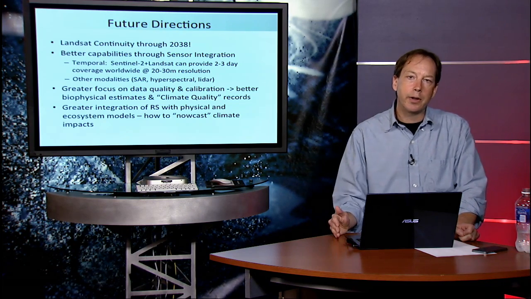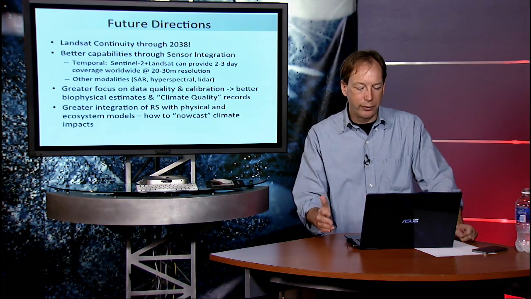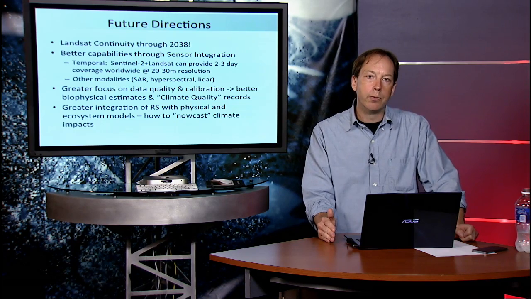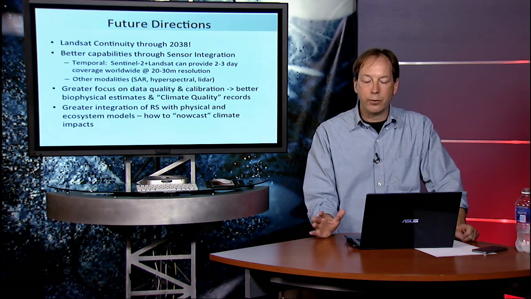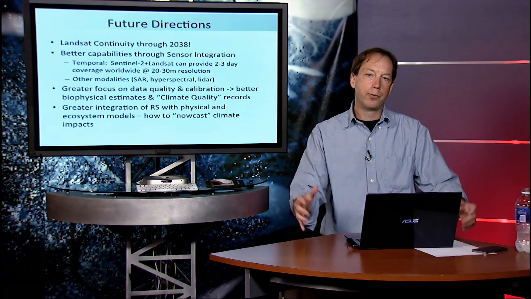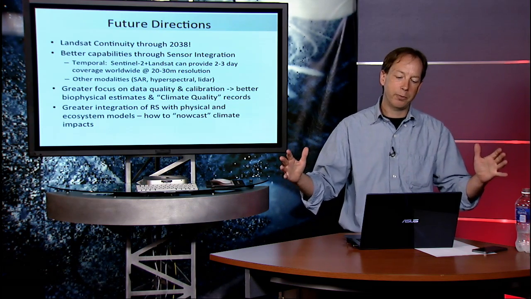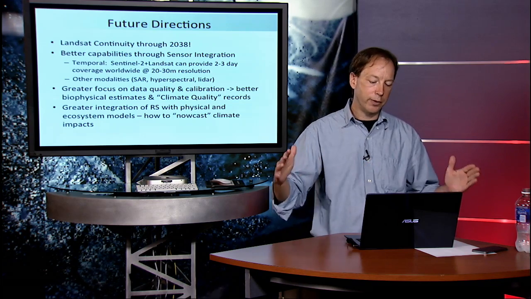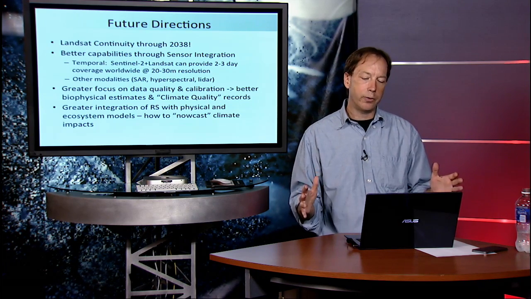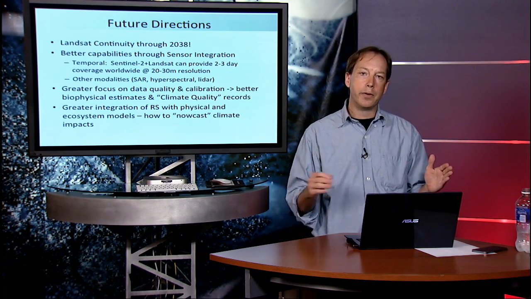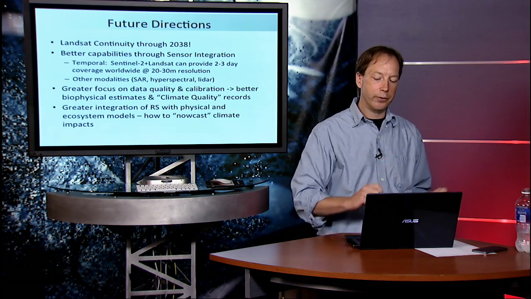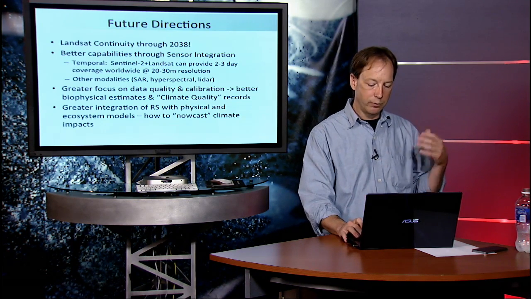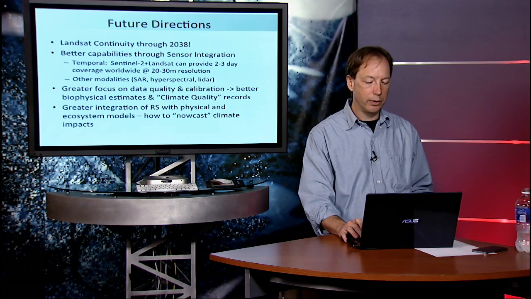And also, I think, as we saw with the dynamic vegetation models, probably a greater integration of remote sensing with physical and ecosystem models. So we have this 40-year record of observations which span one of the key periods of how climate change is affecting the planet. We can use that to nowcast the climate impacts and compare it with what the models are saying should be happening and really understand the system much better that way.